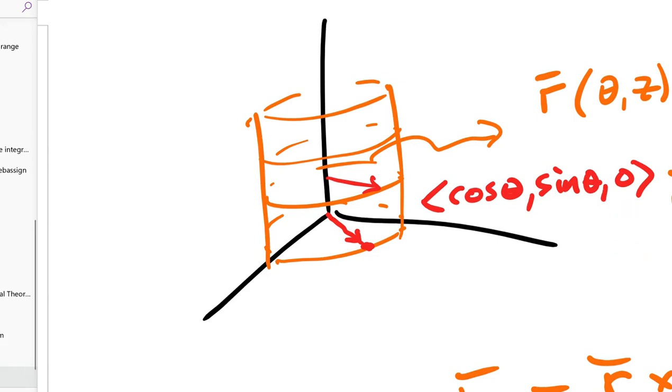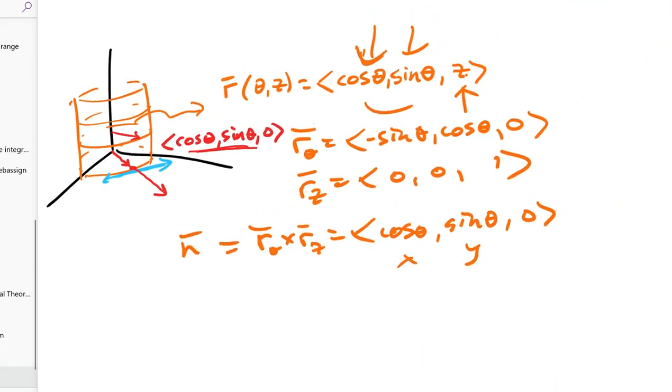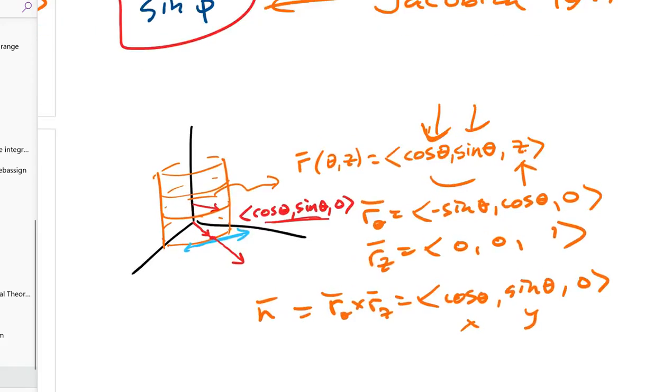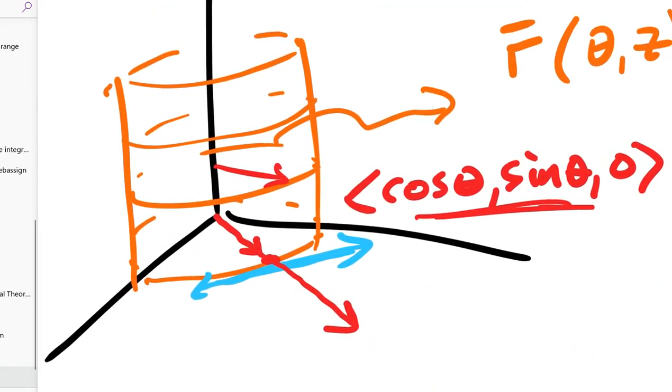Okay, so to find the normal vector, a tangent vector to that circle looks like this, right? So a normal vector will just be the continuation of that. In the xy plane it's the same exact vector, but as you move up, there's a z value, say it's 2. The normal vector would be continuing out.